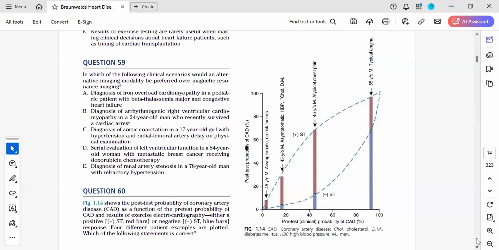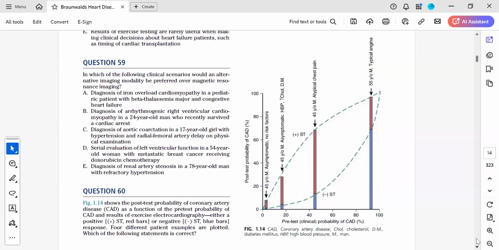Figure 1.14 shows the post-test probability of coronary artery disease as a function of the pre-test probability of coronary artery disease and results of exercise electrocardiography, showing either a positive stress test, indicated by the red bars, or a negative stress test, indicated by the blue bars. Then four different patient categories are mentioned in this graph.